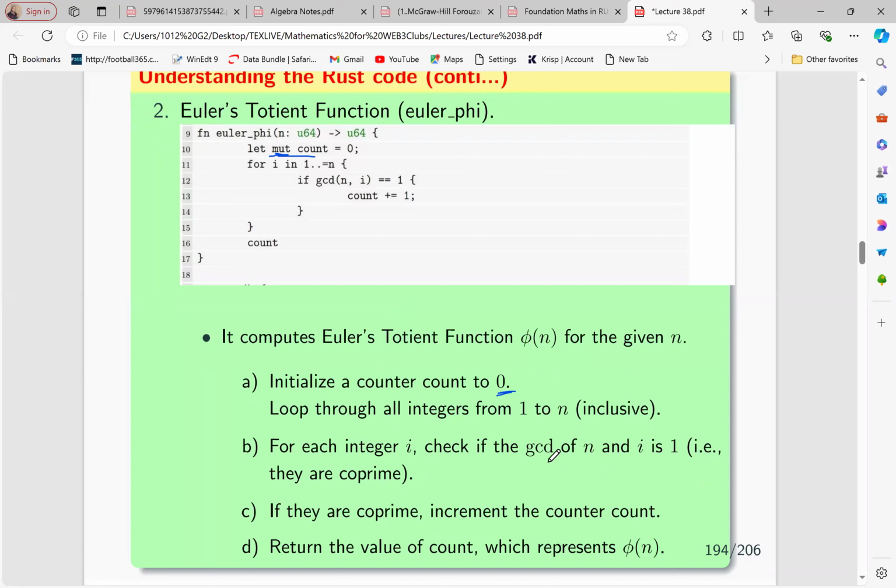For each integer i, it will check if the GCD of n and i is 1. If the GCD of n and i is 1, then this 0 changes to 1. Then it goes to the next number and checks again. If it finds the GCD is 1, again, that one changes to another number. Okay, so this one I think we've already explained.